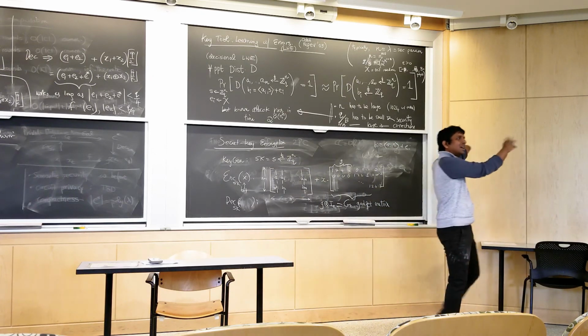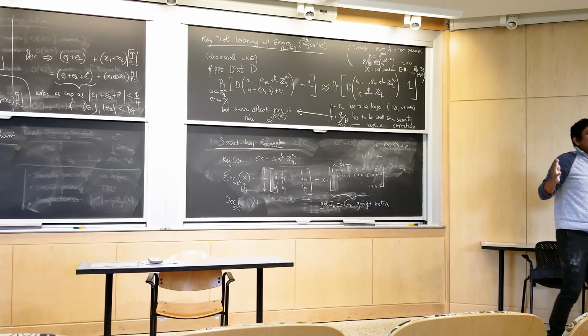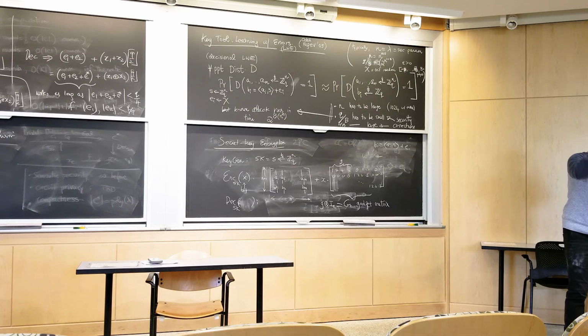So to decrypt, you throw away all of the ciphertext except the last column. Think of it as a Regev ciphertext and decrypt. That's it. So why are there all these other columns floating around if I'm not using them for decryption? For multiplicative homomorphism, which we'll see in a second.